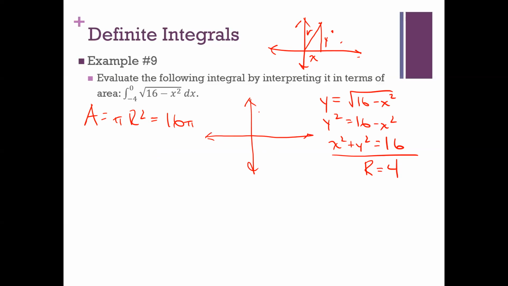But are we looking at all of the circle? How much of the circle are we thinking about? Half of it. Oh, wait. Here's my circle. We could certainly find the area of the whole thing, right?